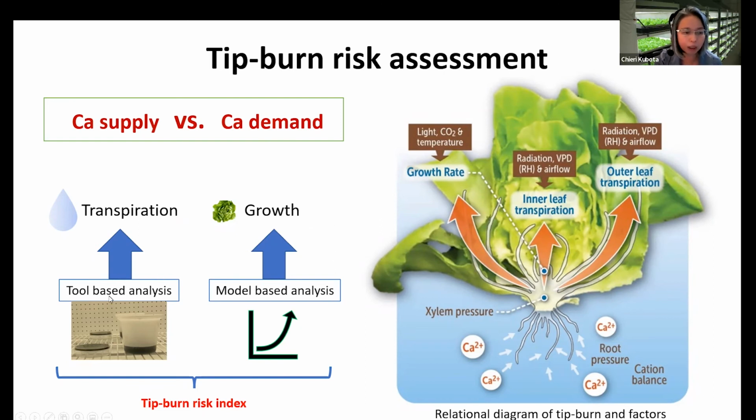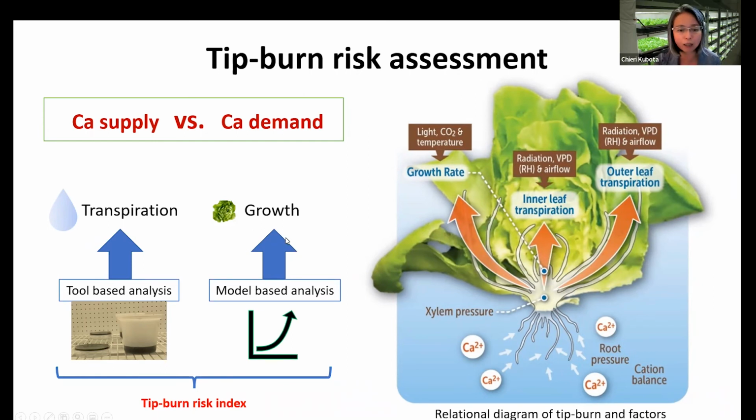And we are currently doing a tool-based direct measurement of evaporation to understand potential transpiration. And then a reference model, a sort of standardized model-based growth assessment, because there is a huge range of growth in cultivars. So it's a more simplified growth model-based assessment of the growth rate.